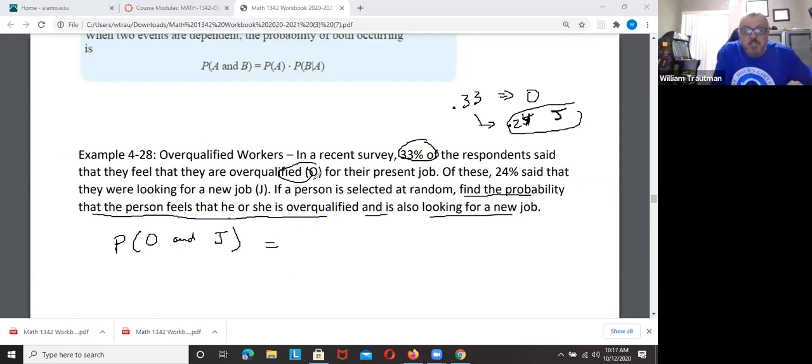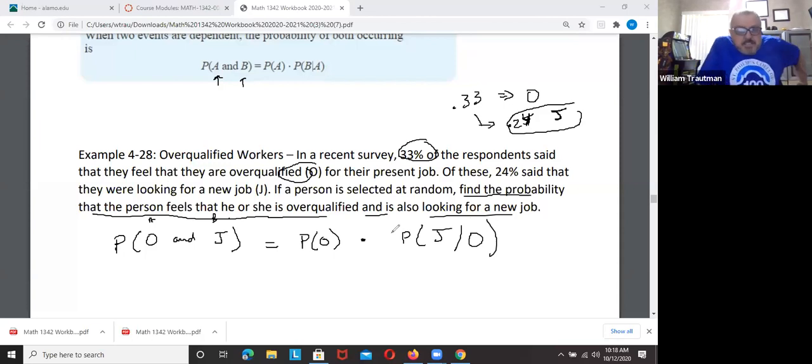Well, if we go up here, A and B, we can call this A and B. The A part goes first, the probability of O, times the probability of B given A. B is the J part, the probability of J given that they're overqualified.